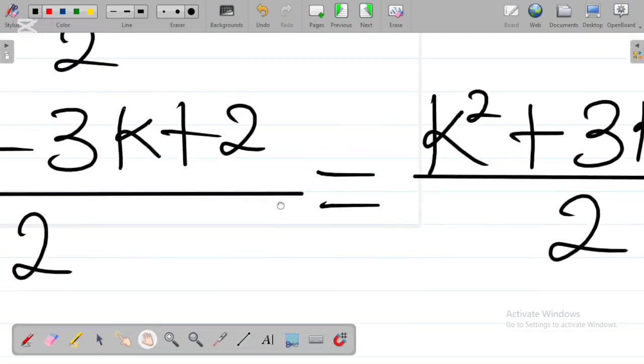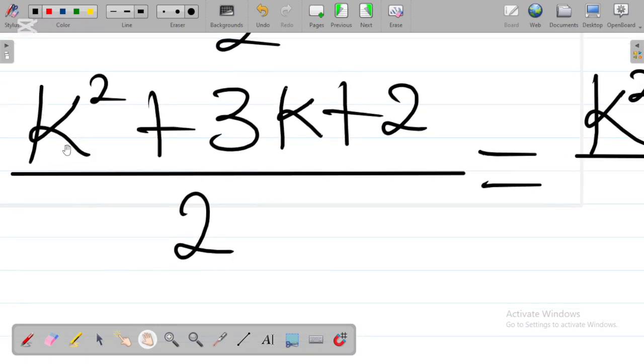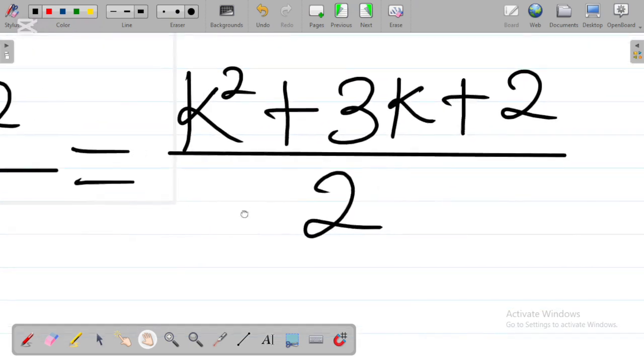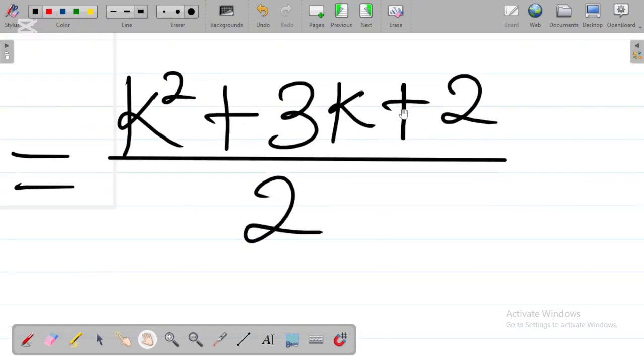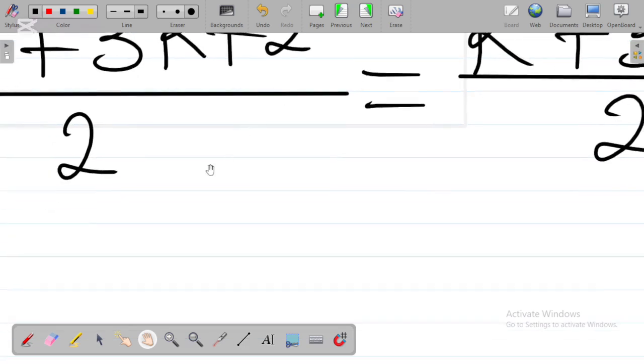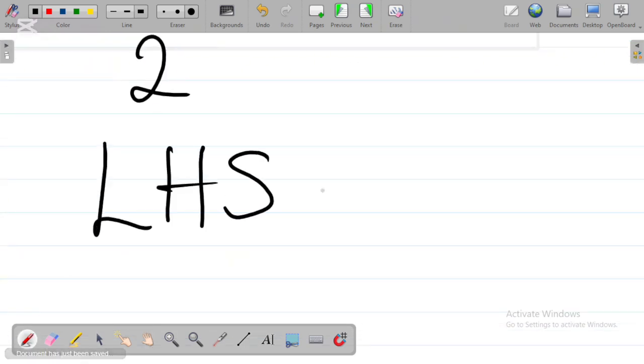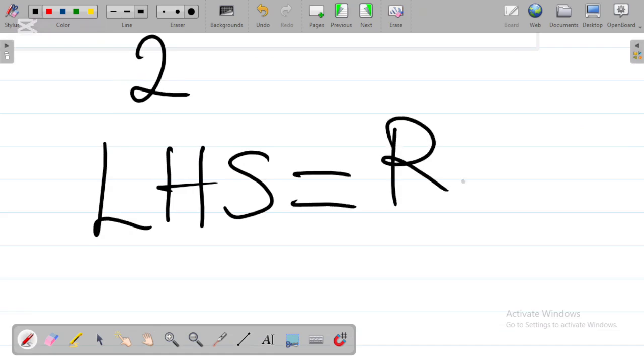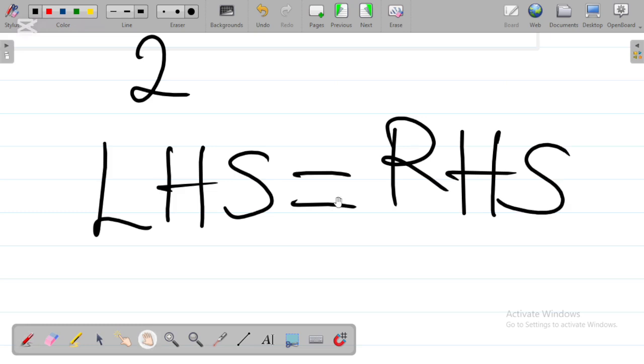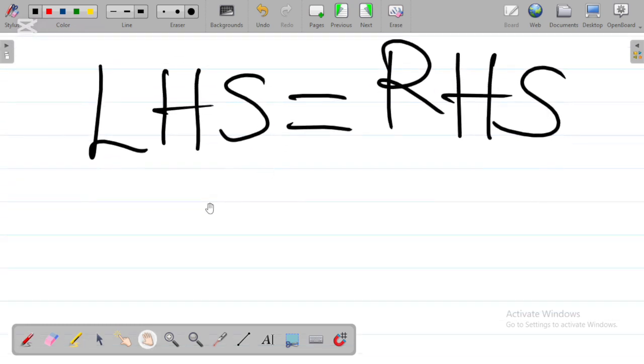So if you check very well, we have for the left hand side k square plus 3k plus 2 divided by 2, and for the right hand side, we have k square plus 3k plus 2 divided by 2. The left hand side is equal to the right hand side. So therefore, the mathematical statement is correct.